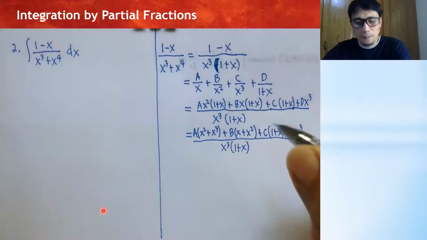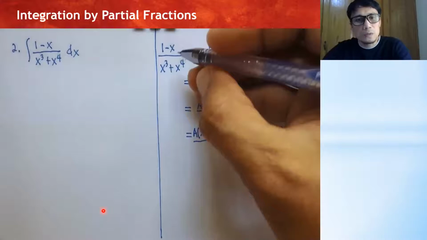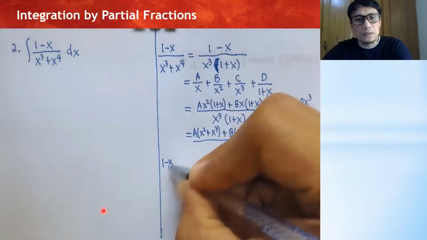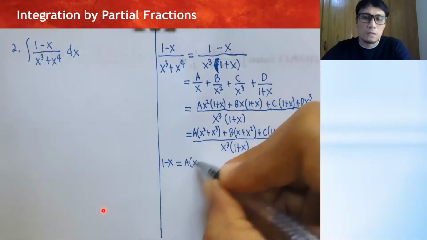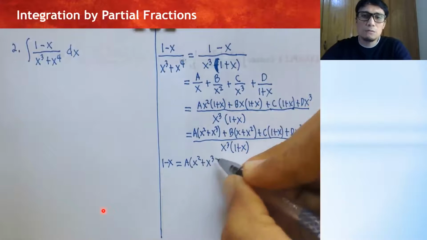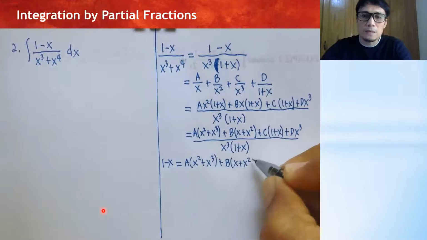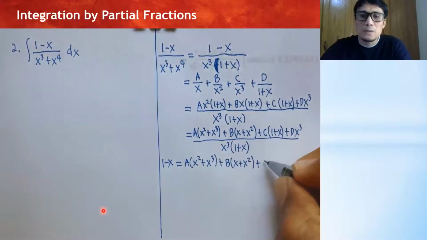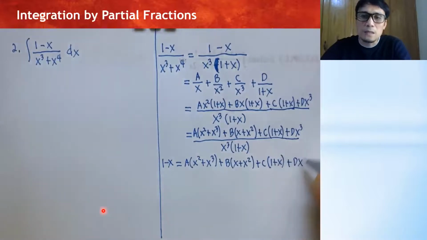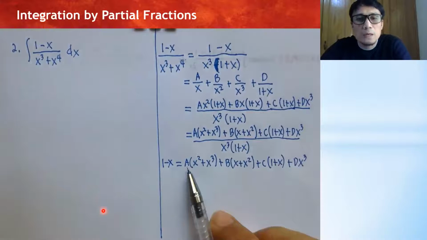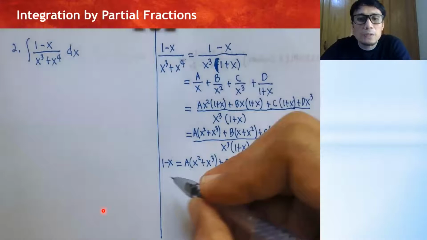times 1 plus x. Now, notice that the two denominators can be cancelled, so the numerators are equal. 1 minus x equals a times x squared plus x cubed, plus b times x plus x squared, plus c times 1 plus x, plus dx cubed. After that, we combine like terms.